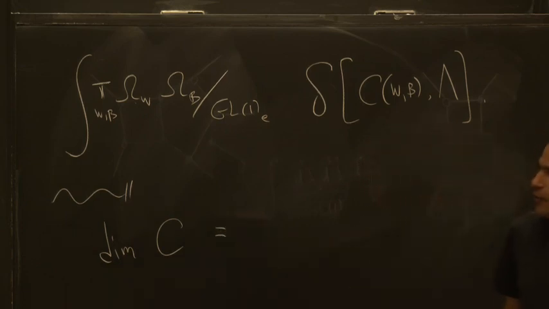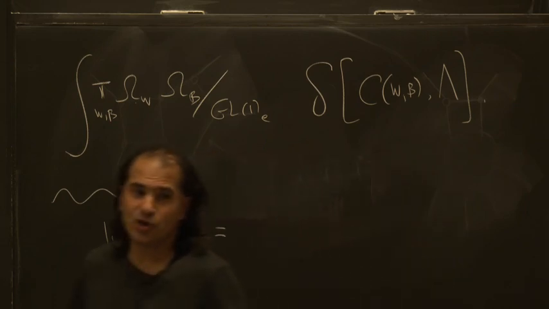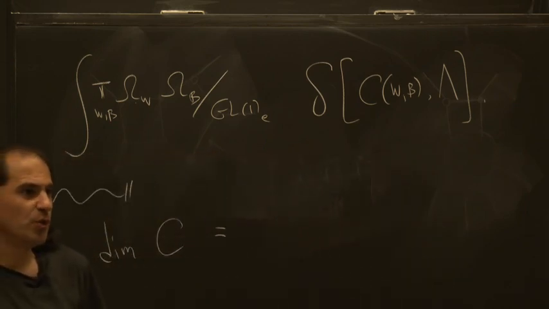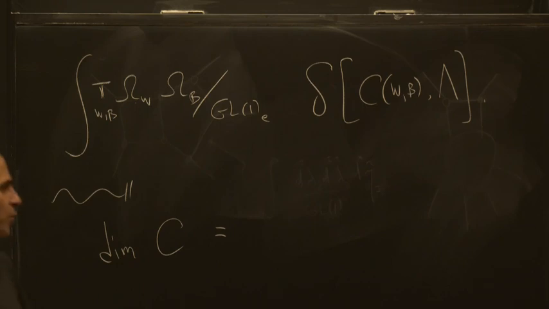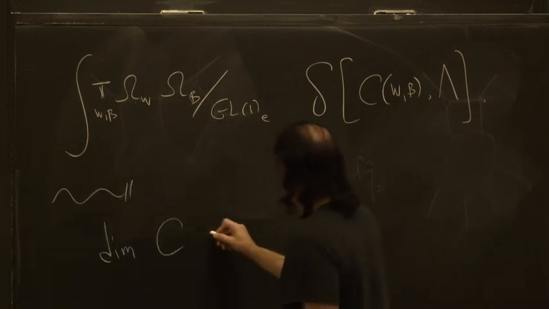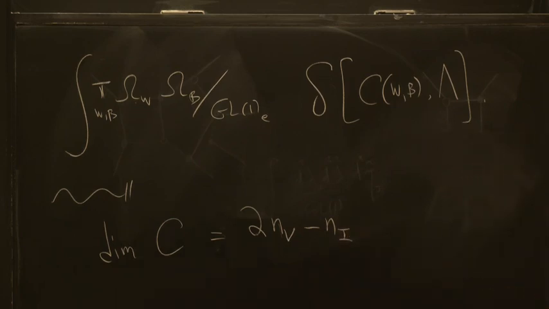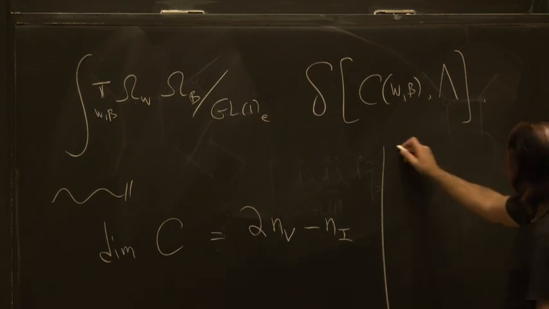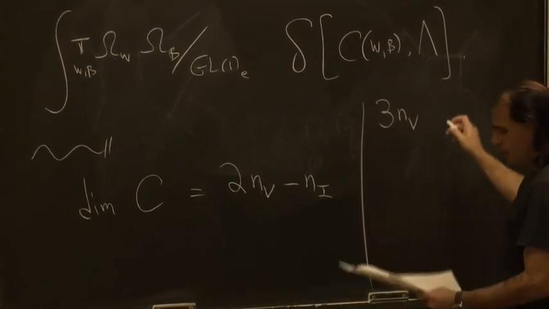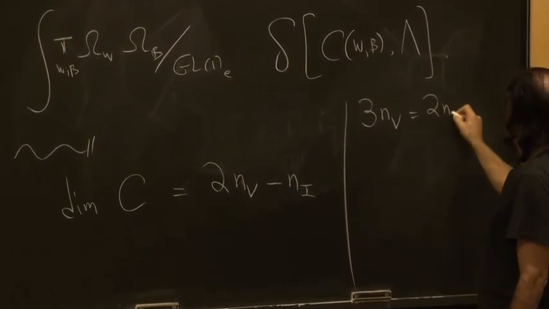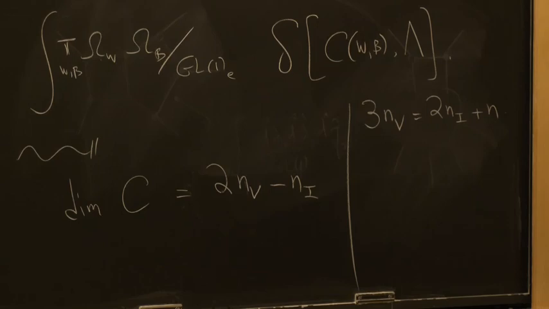the obvious one. With every vertex, I have 2 degrees of freedom from the G13 and the G23, right? The dimension of G13 and G23 is 2, so I have 2 degrees of freedom from each one. So the dimensionality of C should be 2 times the number of vertices minus the number of internal edges, all the ones that I'm integrating over. If I'm drawing trivalent graphs, I also have that 3 n vertex is equal to twice the number of internal edges plus the number of external guys, n.